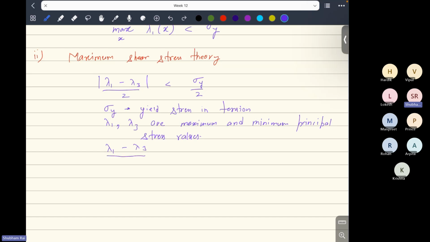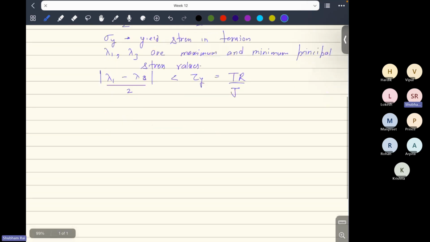You directly get that from the pure torsion test, because the specimen will be subjected to pure shear in that case. Let's say the shear strength is tau y. This will be determined from the torque that you apply on the specimen and the radius of the specimen, divided by the polar moment of area of the specimen, right?